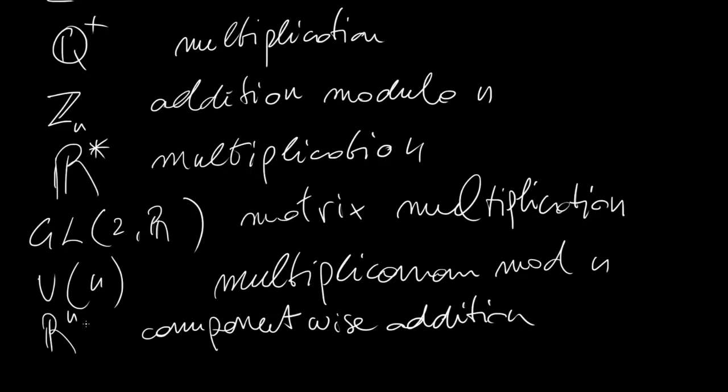If you combine them with component-wise addition, you have something that looks like A1 plus B1, comma, A2 plus B2, comma, and so on. This is our n. We saw that we have special linear over F, with matrix multiplication.